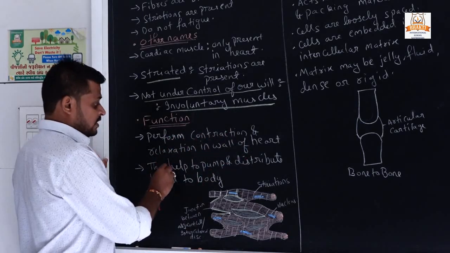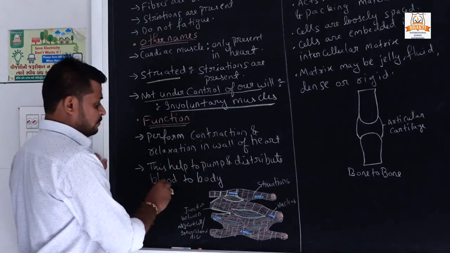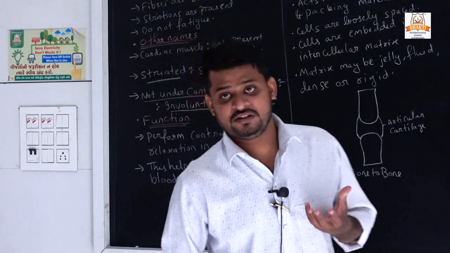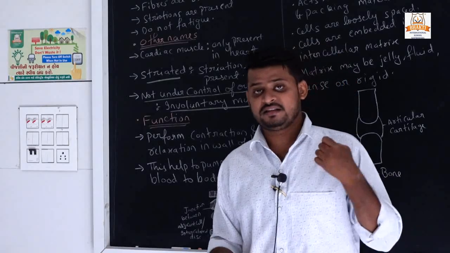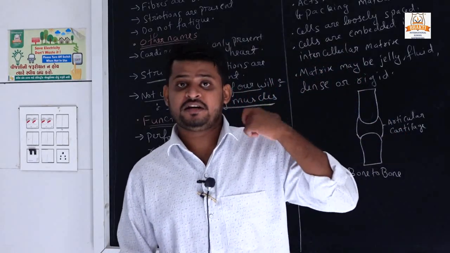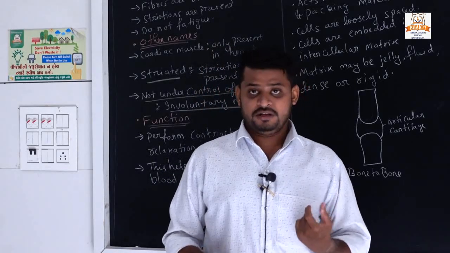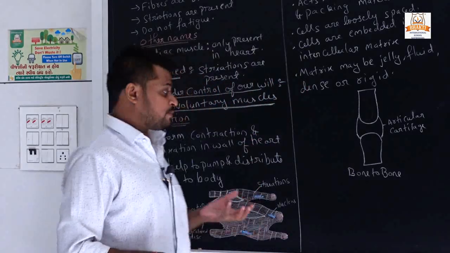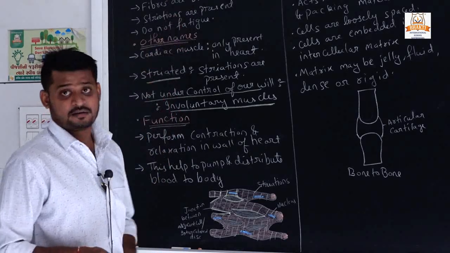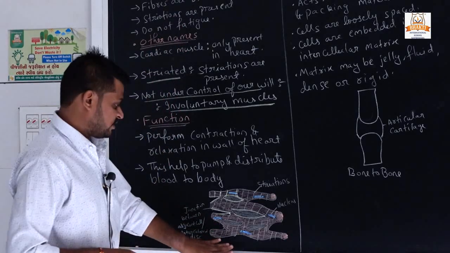This helps to pump and distribute blood to the body. When it pumps, pressure is generated in our heart, and the blood present in the heart is pumped and circulated through the whole body. So it all helps in pumping in our heart. Who does it? Cardiac muscles.